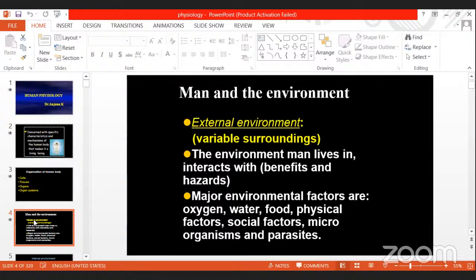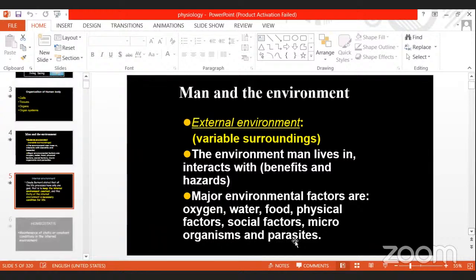The external environment is the place where the man lives in. There are so many factors involved in the living process: oxygen, water, food, physical factors, and social factors.